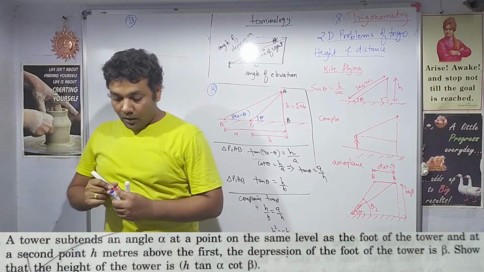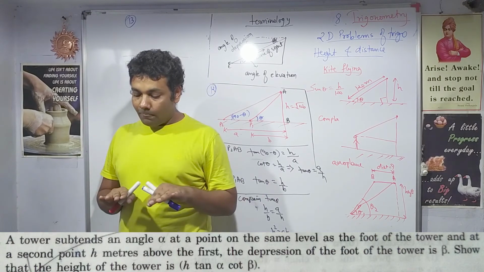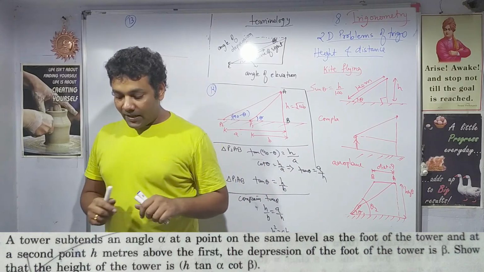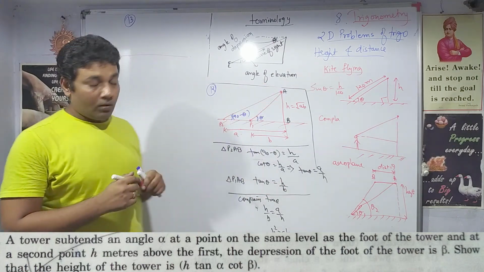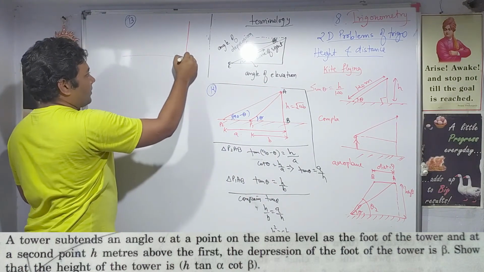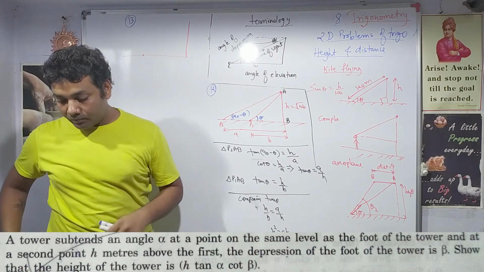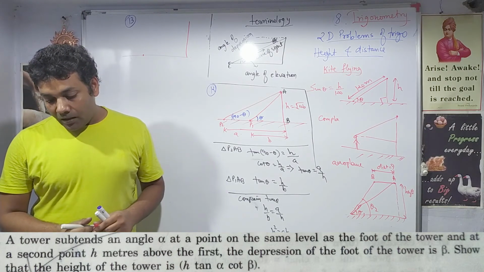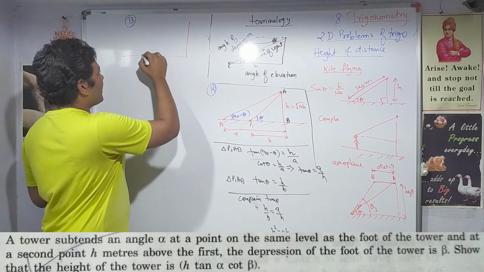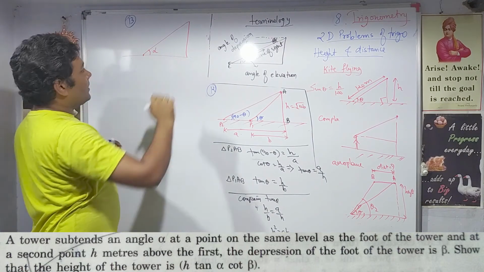Read the question: a tower subtends an angle alpha at a point on the same level as the foot of the tower and at a second point h meters above the first. Okay, so this is the tower and at a distance a meters, angle alpha at a point on the same level. So this tower subtends angle alpha at some point at the same level.